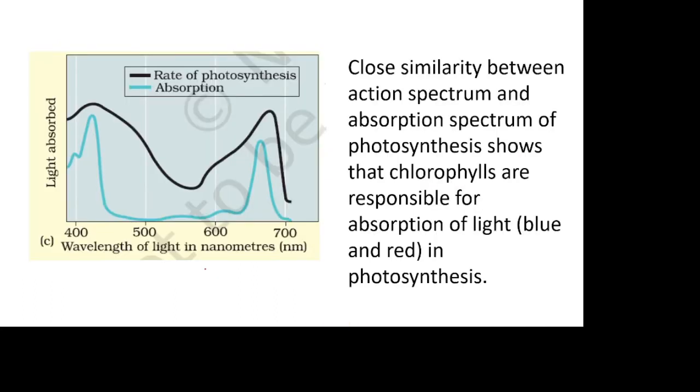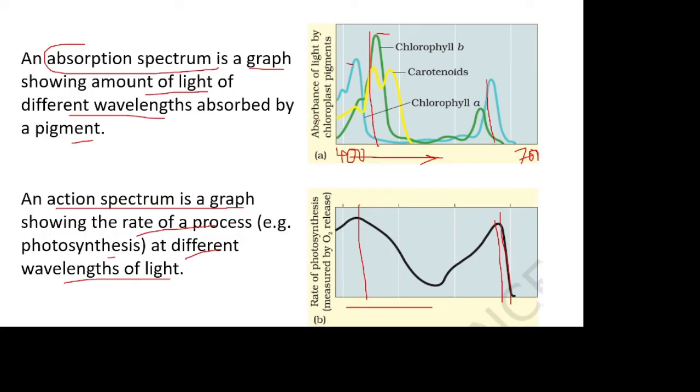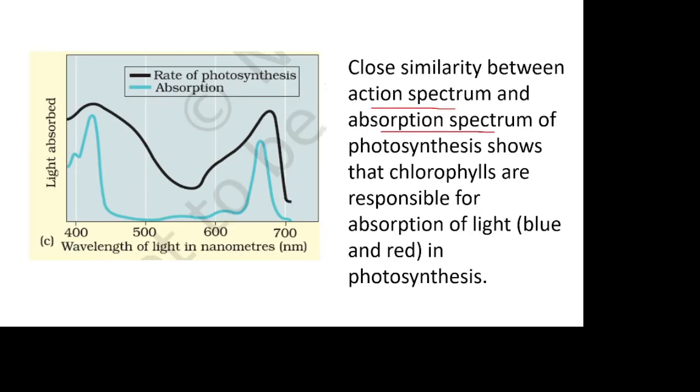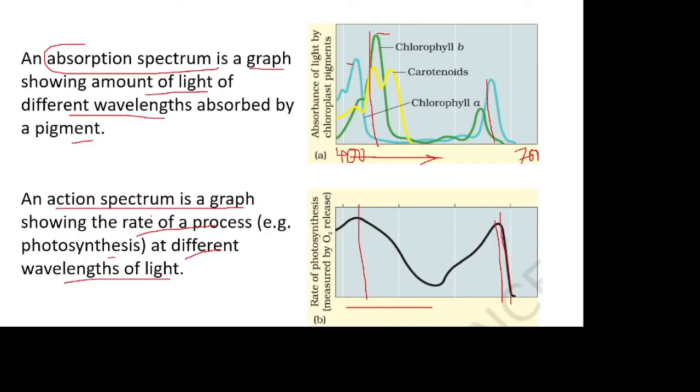Now if you compare both these graphs, we will have a close similarity between the action spectrum and the absorption spectrum. So you have to understand that the absorption spectrum is the absorption of light by different pigments, and the action spectrum is the rate of photosynthesis at different wavelengths.